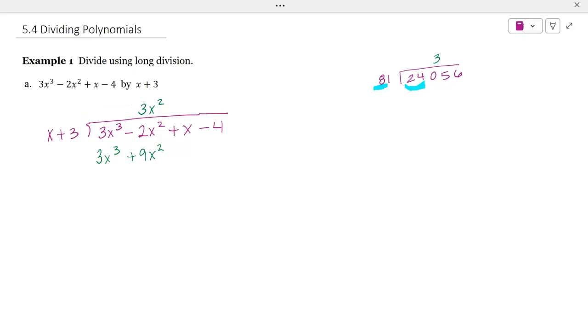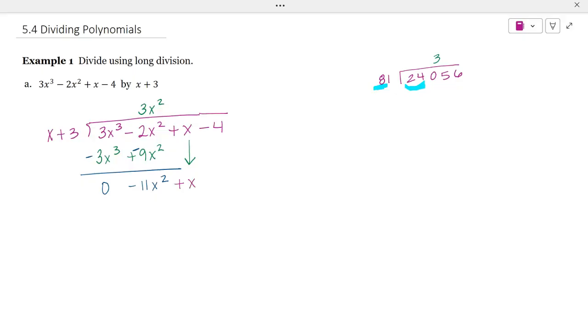What I'm going to do next is subtract. So this is going to become a minus, and this is also going to become a minus here. So I'll end up with 0 in this column, and then I'll end up with negative 11x squared here. And then I bring the next term down and repeat the process.